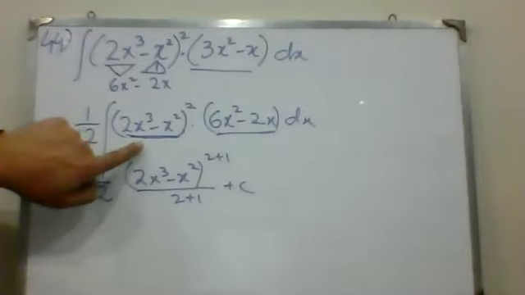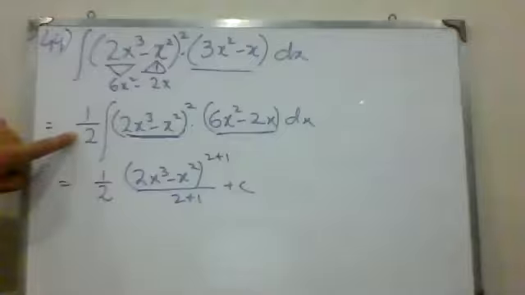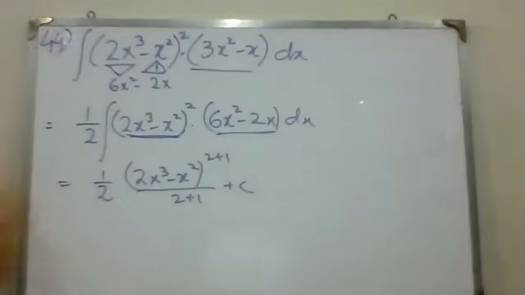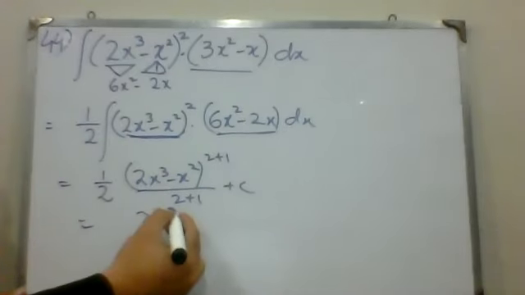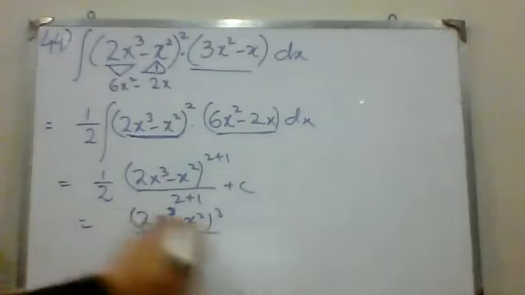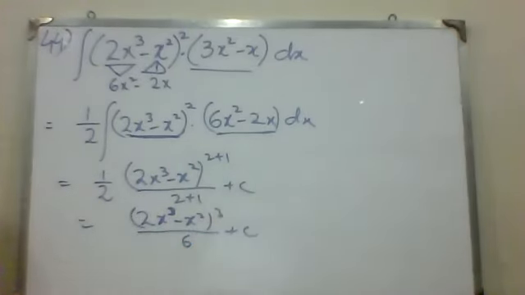If the constant is missing, we multiply and divide by the constant. So we get from here (2x to the power 3 minus x square) whole power 3, divided by 2 multiplied by 3 is 6, plus c. So that is our required answer. We can solve that problem this way.